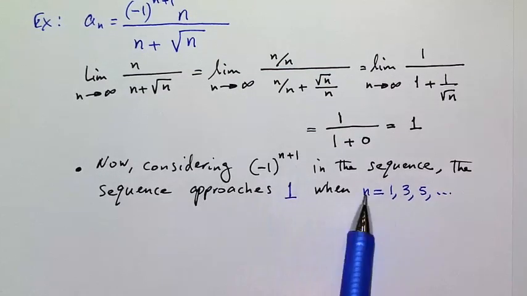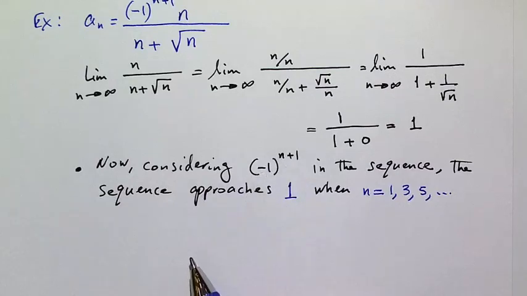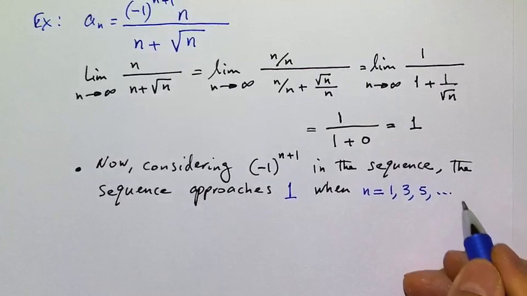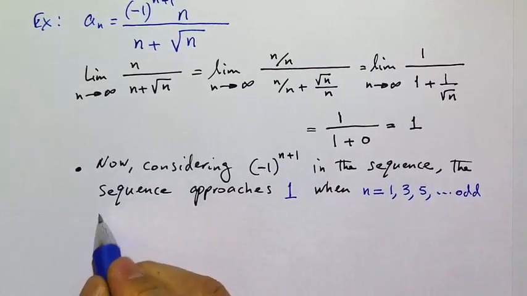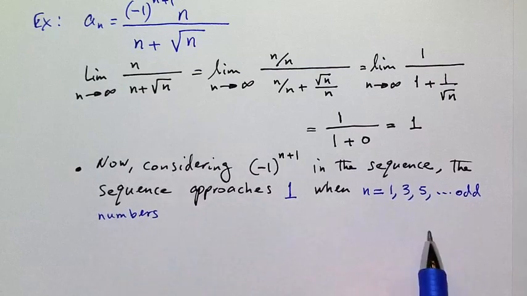Because for these values of n, we get an even power which cancels this negative. We get 1. And let me just add, for n equals any odd number.